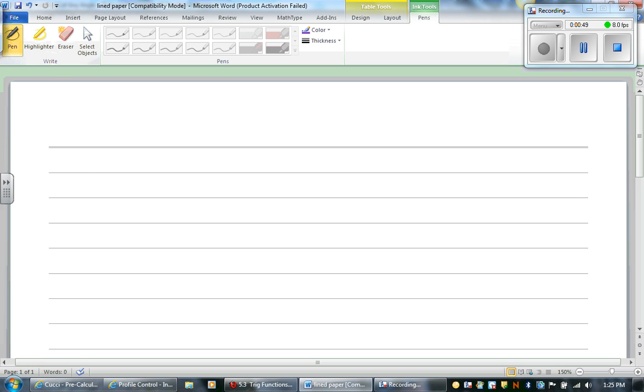So, create my right triangle. I'm going to pick an angle, and I'm going to call that angle theta. Knowing that tangent theta equals -2/3, and I'm in the second quadrant, this is all information that I'm given.